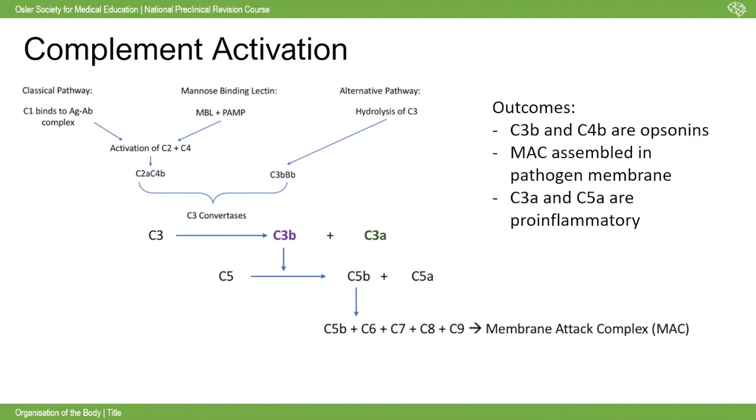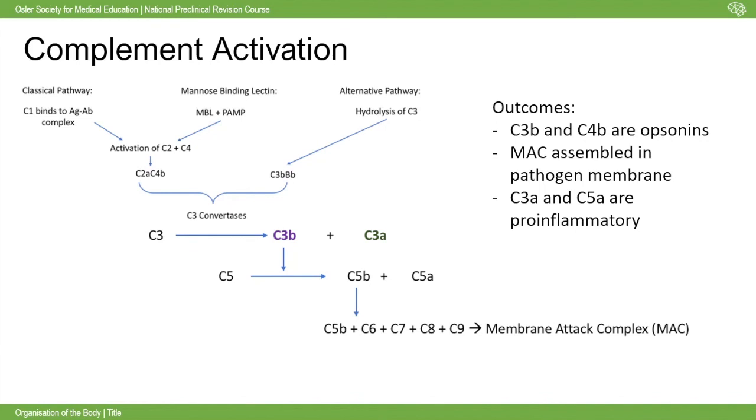But although that's the outcome I've highlighted from this complement activation pathway, all of these factors, C3a, C5a, and even looking back up at the top where we have our classical pathway and our mannose binding lectin pathway producing C4, are involved in different ways in the different functions of the complement pathway. So C3b and C4b are opsonins, which we know are involved in helping our phagocytes see our pathogens.